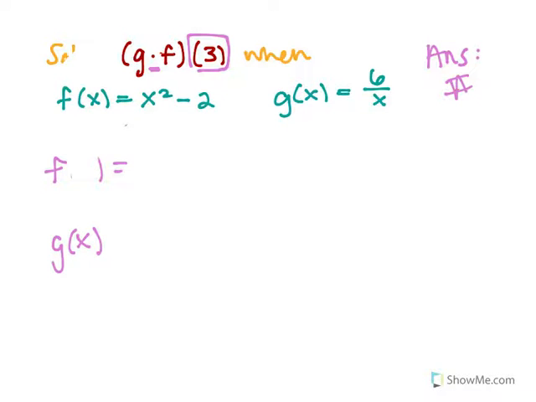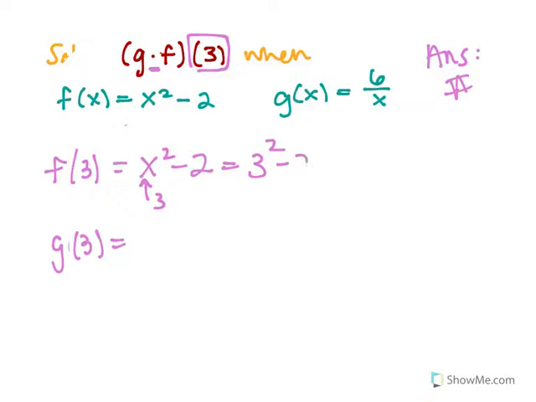So there we're replacing x with a 3 in this problem. So I have x squared minus 2. In place of x, I have to put a 3. So we get 3 squared minus 2 equals 3 times 3 is 9, minus 2 equals 7.